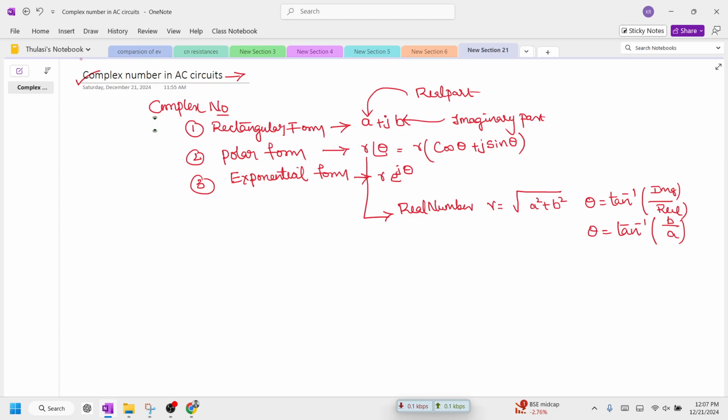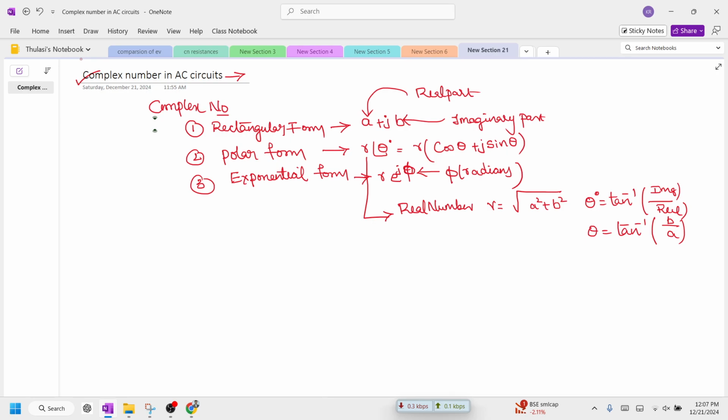Here these are in degrees, or we write it as phi, where phi is in radians. This is very important while you convert. So these are in degrees, these are in radians.